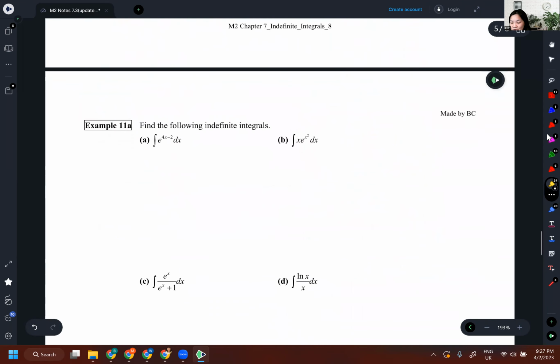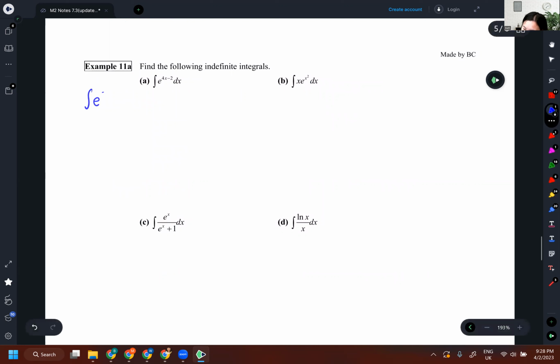More examples of this. Now for this one, you do 1 over 4. This is the easy one. And that is 1 over 4 e to the power u du. Remember, e to the power u du.